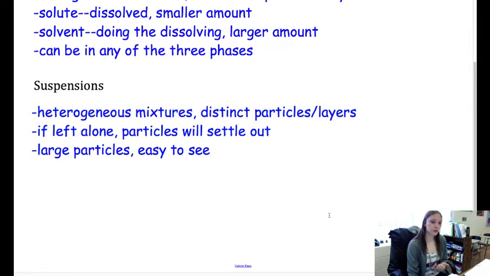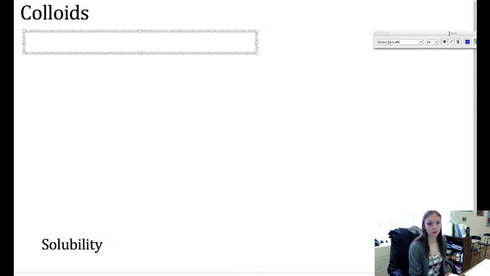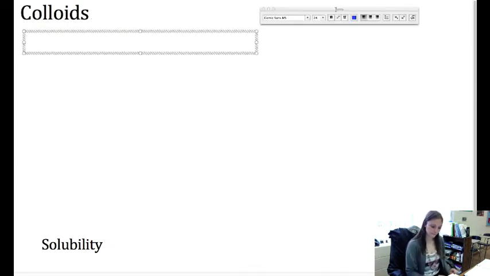So we have solutions, which are homogeneous mixtures, which are going to have solute and solvent. You have suspensions there, which are heterogeneous mixtures, where if it's left alone, it'll settle out. So we have large particles. So we kind of have no particles that you can see, and large particles. And kind of in the middle, you have what's called a colloid. So colloids are where you have intermediate sized particles.